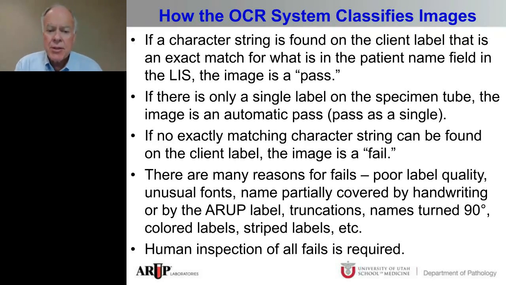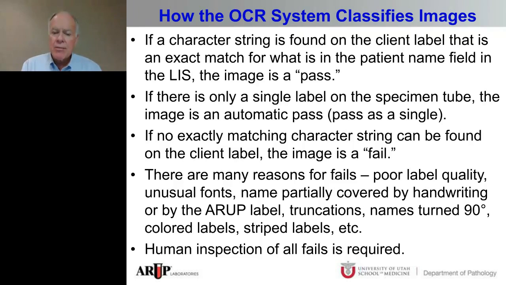Okay, so how does this OCR system classify images? You saw the photograph of the outside of the specimen container, the tube, and a portion of that is the ARUP label, and a portion of that is the customer's label. And from the ARUP label barcode, our LIS provides the patient name as a character string.